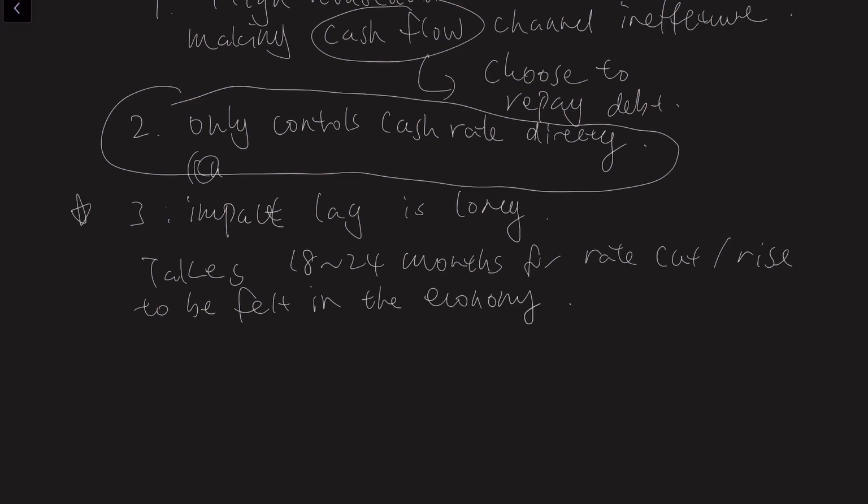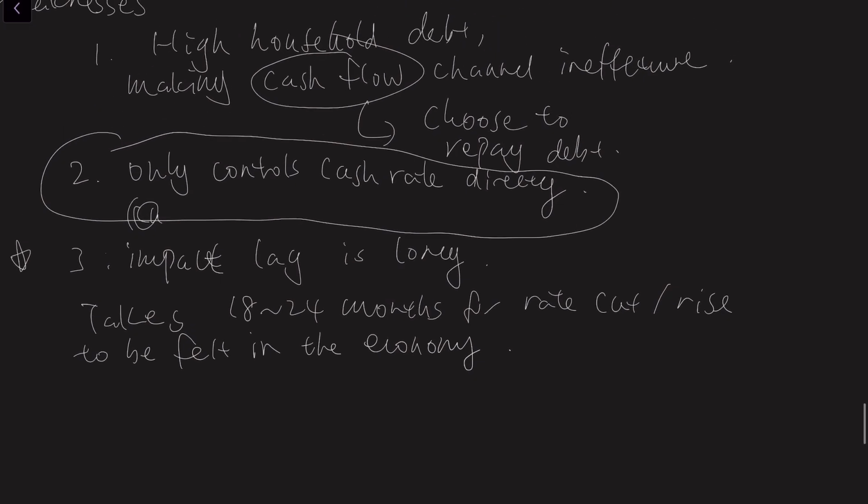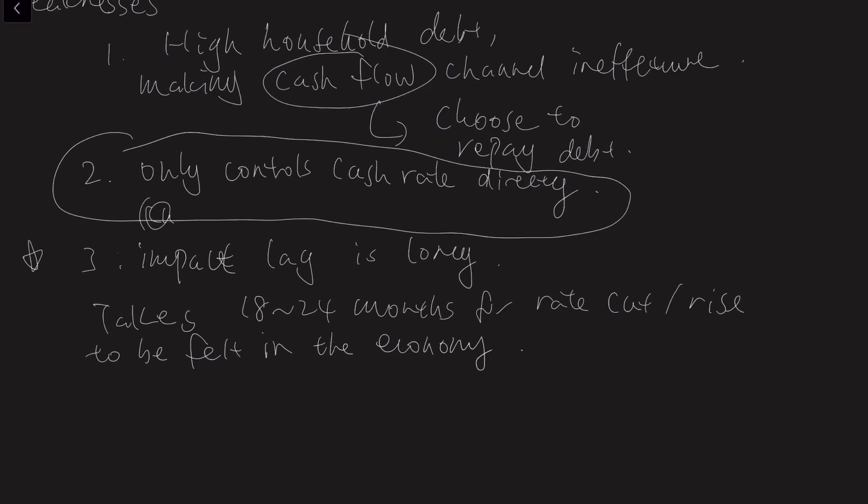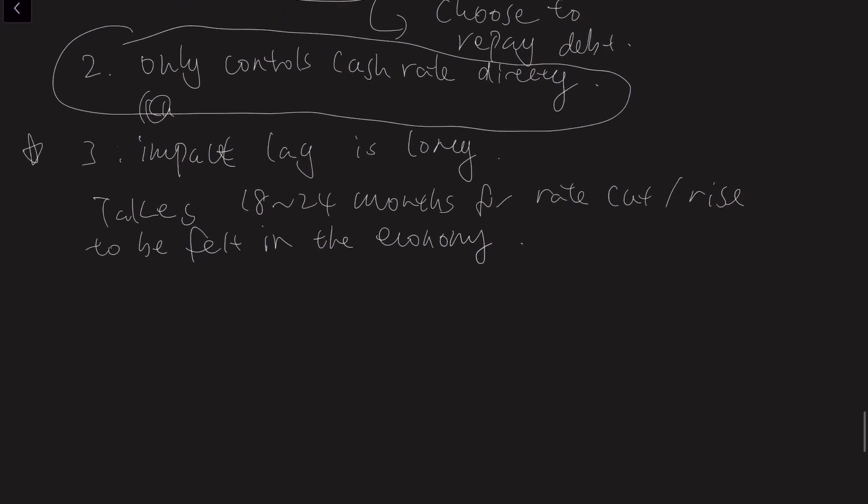Because it takes a long time for the cash flow channel to kick in because of so many problems we have discussed, like high level of debt. People choose to pay down their debt. People may save the money instead. So it takes a long time for a cut or increase in interest rates to be felt in the economy, especially for cut. Because when you raise the interest rate, you need to pay more repayment.